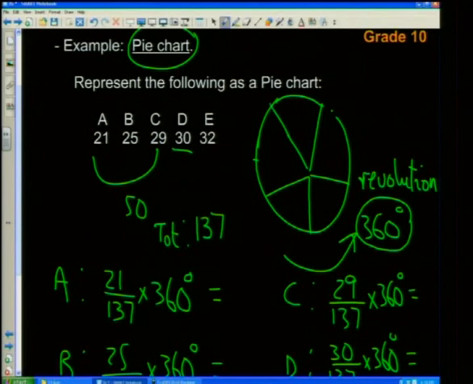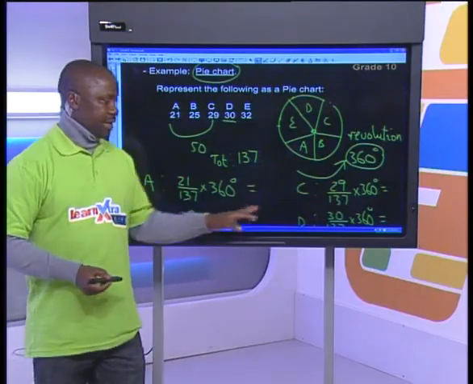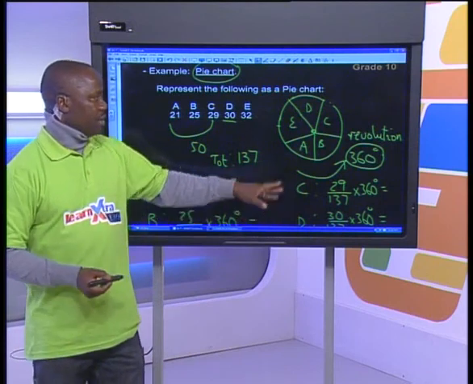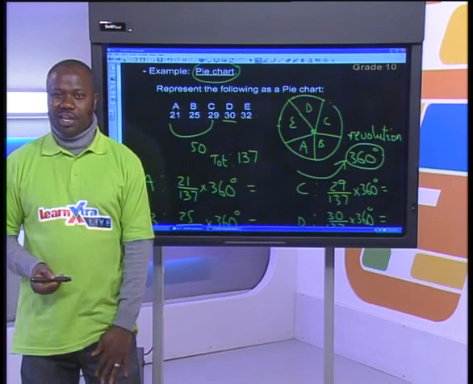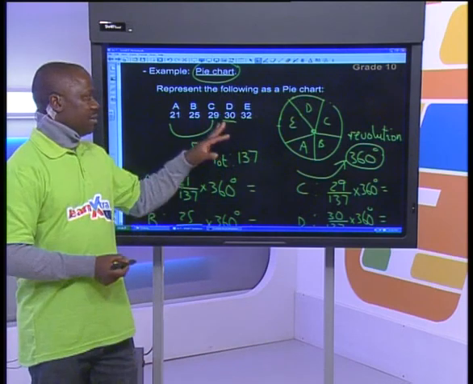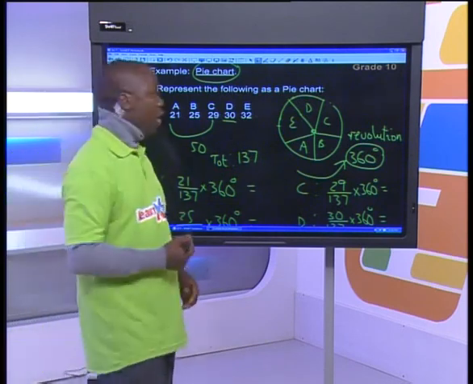I'll call this A, B, C, D, E. Now, you will be putting your protractor at the center there, and you'll measure those angles. So as you represent the angles that you have calculated here, this is what it will add up to. That's what you call a pie chart. And of course, you must give it a title. But that was just to illustrate the point.